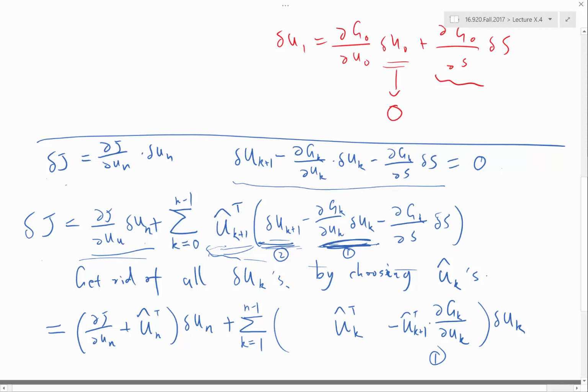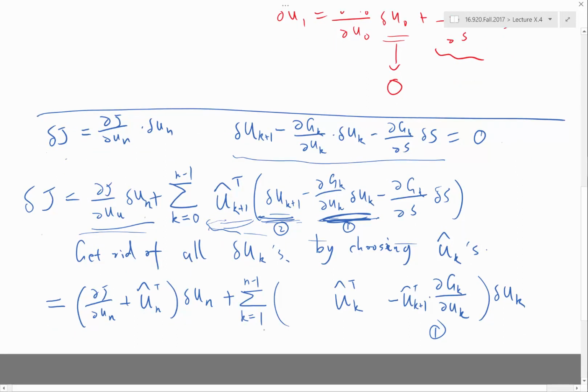That is minus the summation, k goes from 0 to n minus 1, of u hat of k plus 1 times partial gk partial s times delta s. All right. So if we only want the red term to remain, we need to set everything in the parentheses to 0. Right? And how do we do that?